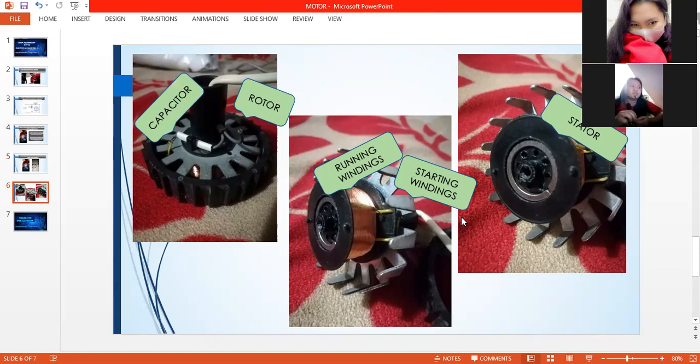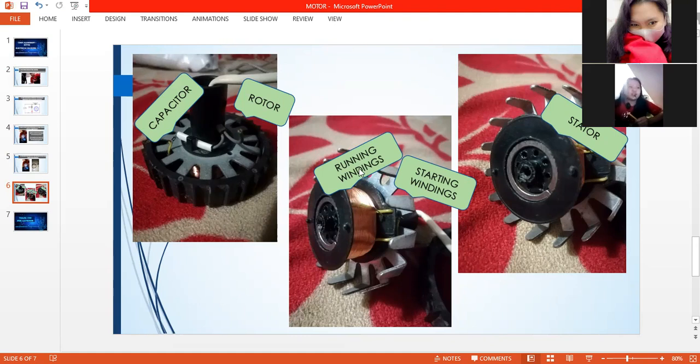They are used to create the torque needed to start a single phase induction motor. This winding creates the rotating magnetic field in this type of motor by changing the relationship of the current in relation to the voltage. That is the function of our starting windings.